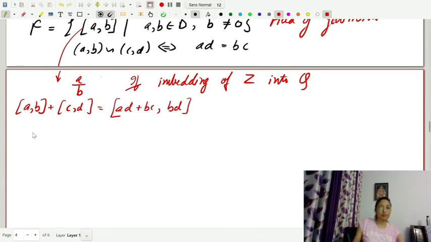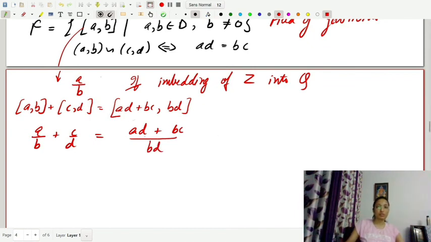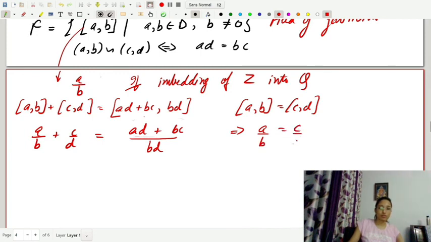Where did this come from? a/b + c/d is equal to the cross multiplication (ad + bc)/bd, the LCM basically. Similarly, (a, b) equal to (c, d) would imply that a/b is equal to c/d, that is ad is equal to bc.